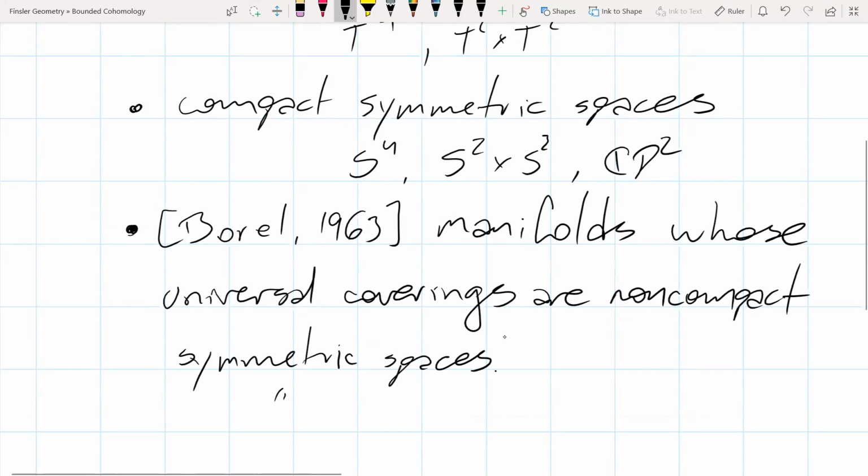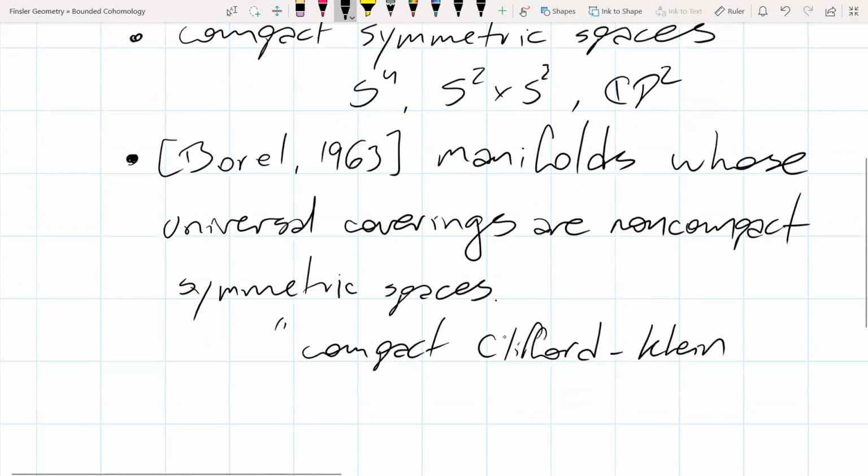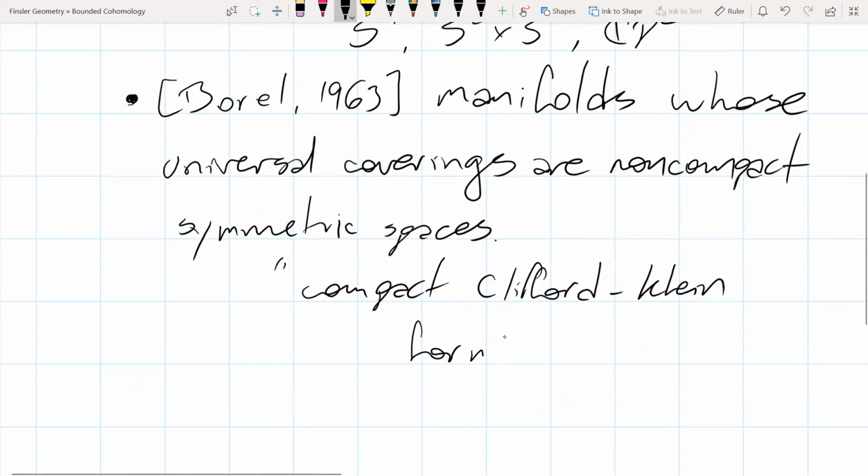So this will be compact Clifford-Klein forms. And these are not as geometric because you're mostly looking at quotients of matrix groups, with quotients with respect to the right action, basically.